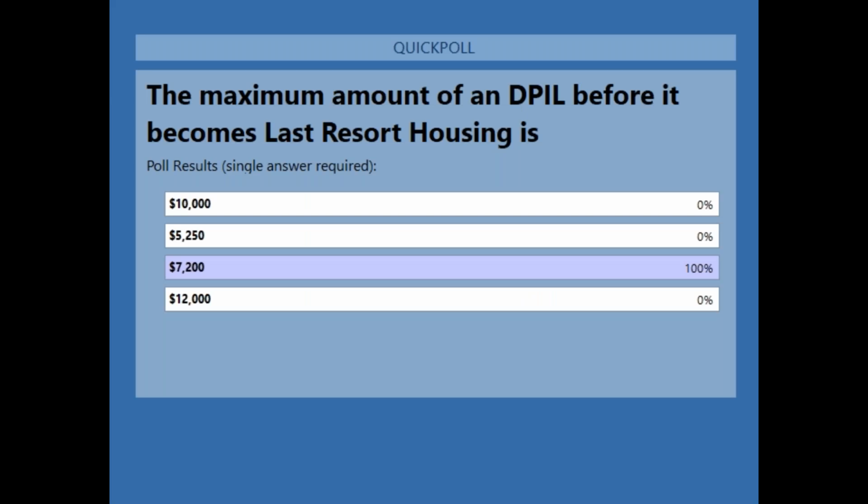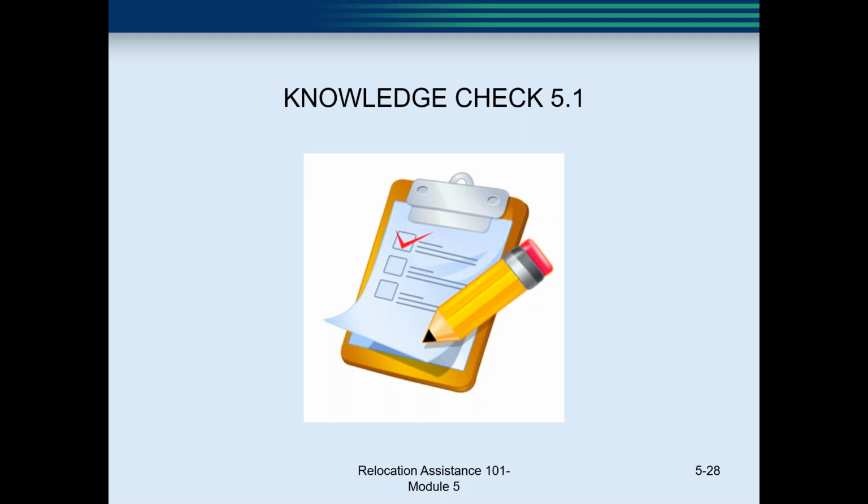Excellent. You guys all got it right. That's right, 7,200. After it goes over 7,200, whether it's a rent supplement payment or a down payment, it is in last resort housing. So, question number 3.